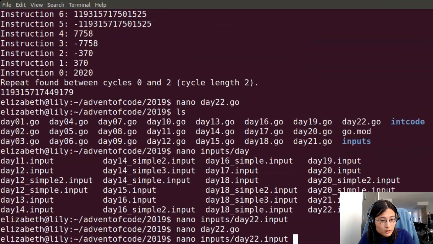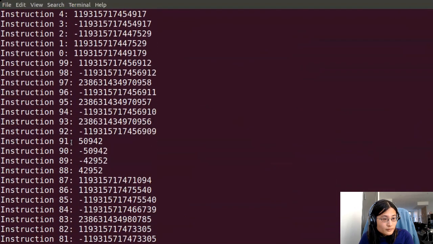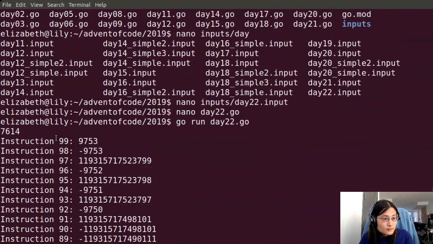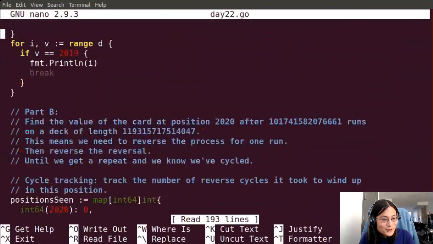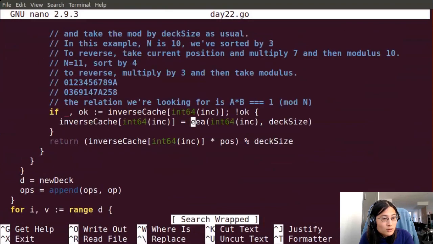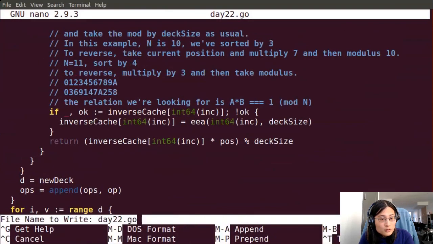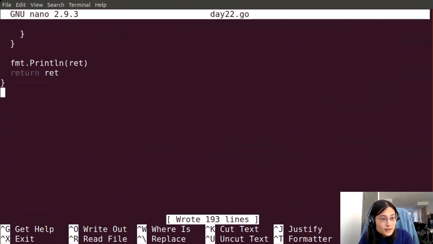Let's check that. Wait, that's not right. Why is it never calling? Yeah, I'm not sure that I necessarily steal my code patterns, but you know, who knows? Inc, comma, deck size, is that correct?